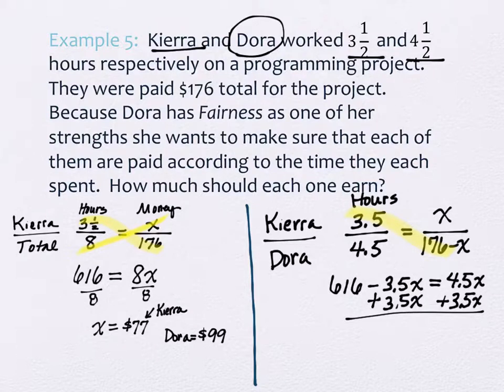Of course, you're going to end up back where we were in the other problem with 616 equals 8x. So they both work. I just think that this setup over on the right-hand side is just not quite as obvious as the setup in the other problem. And the arithmetic ends up being a little messier.